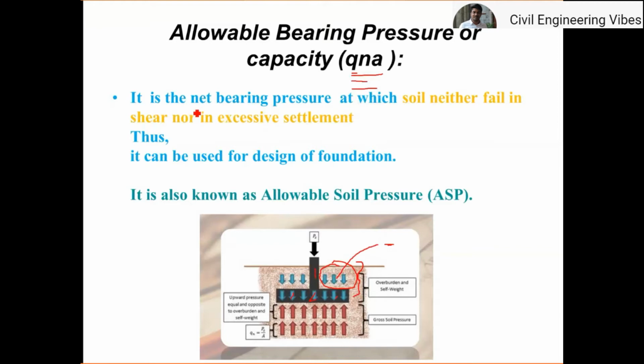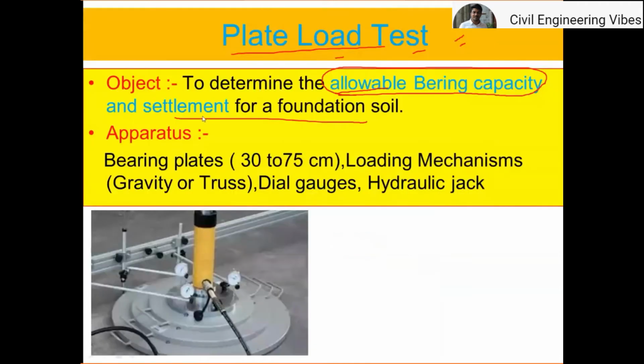We define it as the net bearing pressure at which the soil neither fails in shear nor undergoes excessive settlement. Such a value is known as net allowable gross pressure. Another objective is that settlement is known with respect to the imposed load.